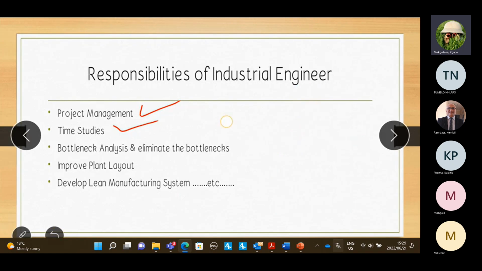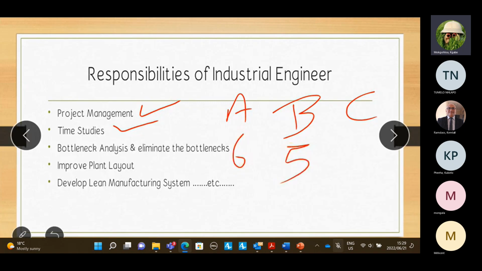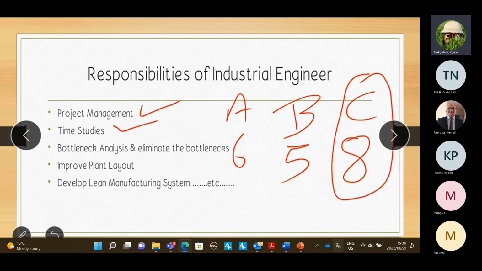For example, say process A, process B, and process C. Process A takes 6 seconds, process B takes 5 seconds, and process C takes 8 seconds. So process C is the bottleneck.